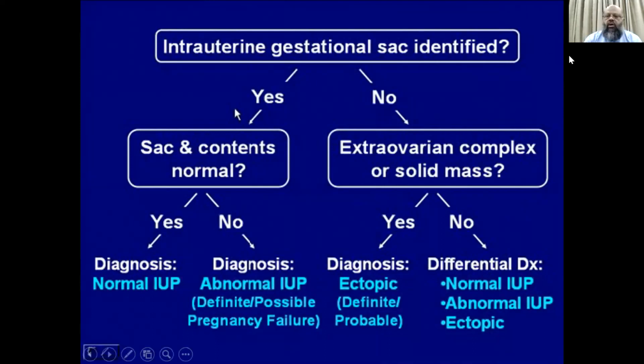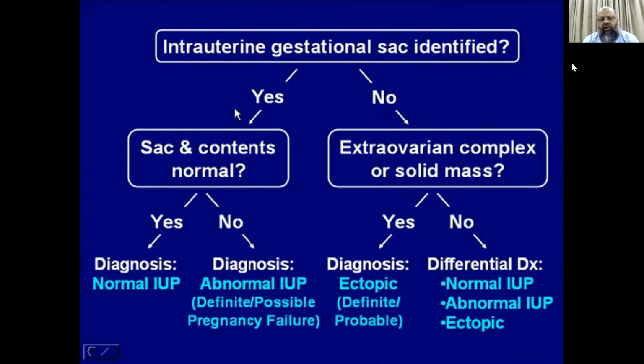If it is not identified, then we will look for an extra-ovarian complex or solid mass, anything lying outside the uterus, or extra-ovarian, outside the ovaries also. If yes, then it can be ectopic, definite or probable. There are chances that it is ectopic. The second situation is that an extra-ovarian complex or solid mass is not visible.